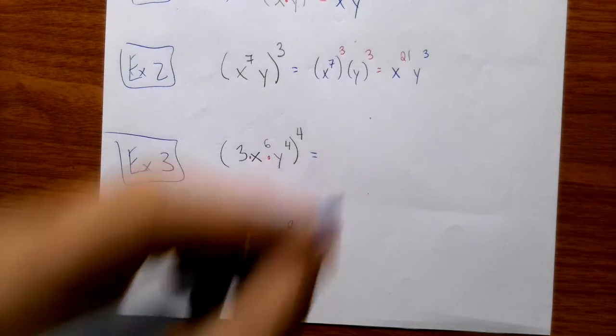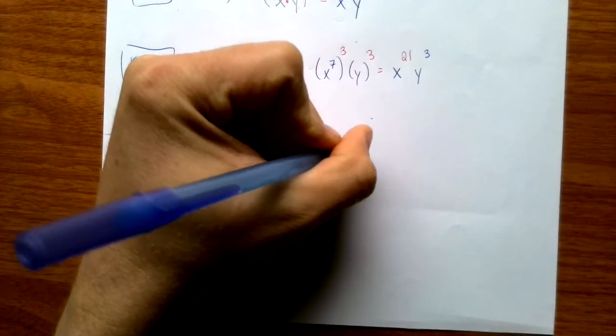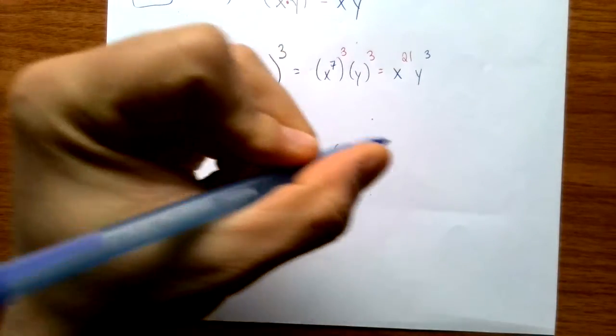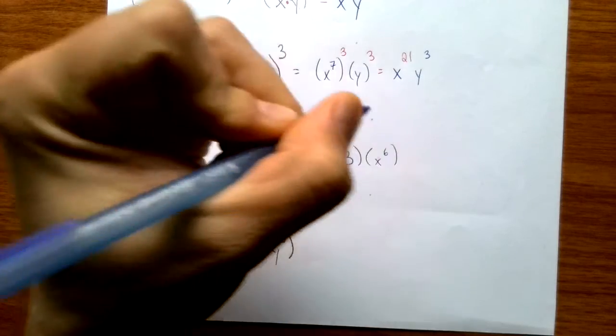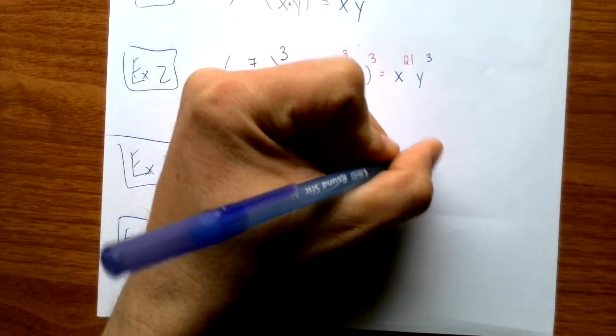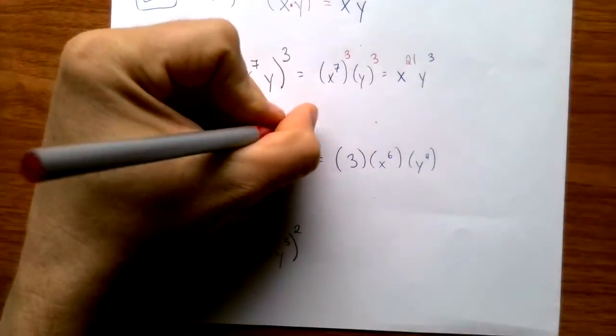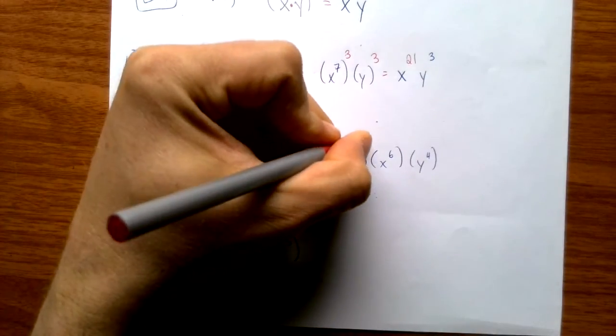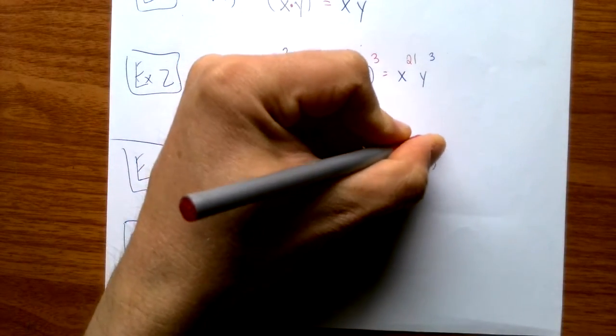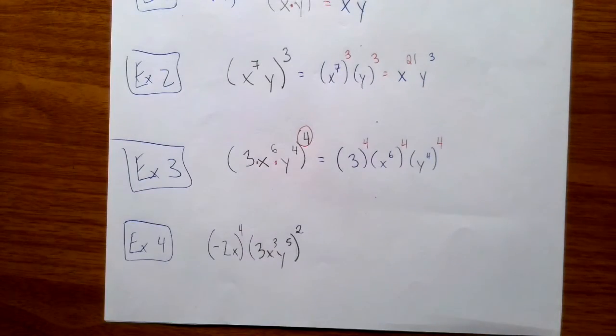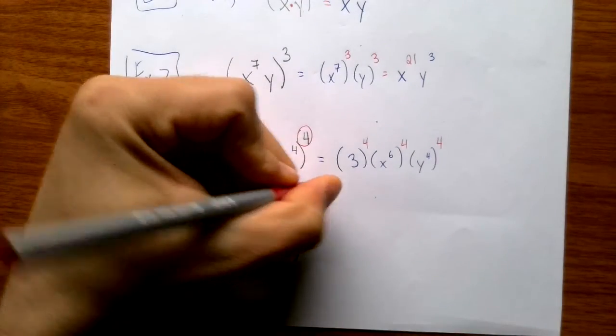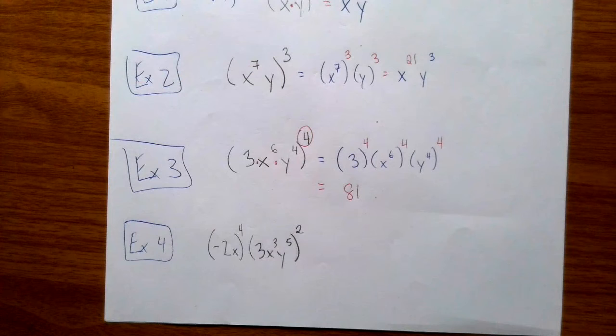I'm going to take each base and put it in parentheses, and each of those bases is being raised to the power of 4. 3 to the fourth is equal to 81, because that's 3 times 3 times 3 times 3.